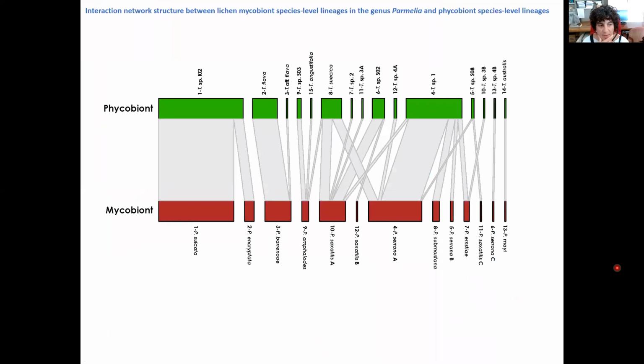Distribution and abundance of Trebouxia species were assessed for each Parmelia species to identify possible patterns in specificity and selectivity at species level. High specificity of each Parmelia group for a given Trebouxia clade was observed.